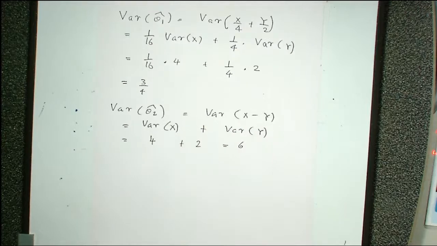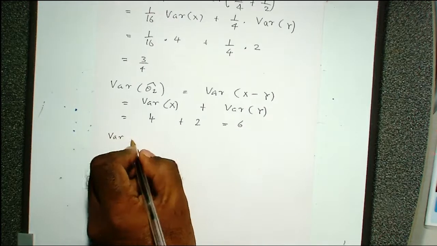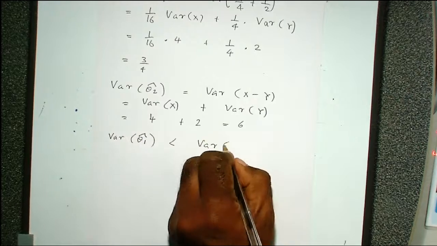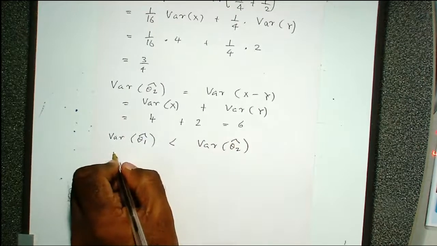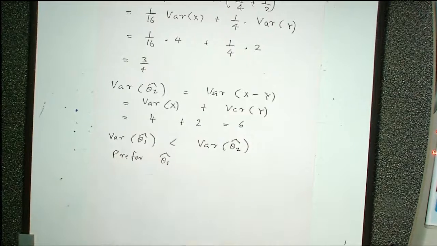So obviously the variance of theta 1 hat is less than the variance of theta 2 hat, and therefore we should prefer theta 1 hat to theta 2 hat.